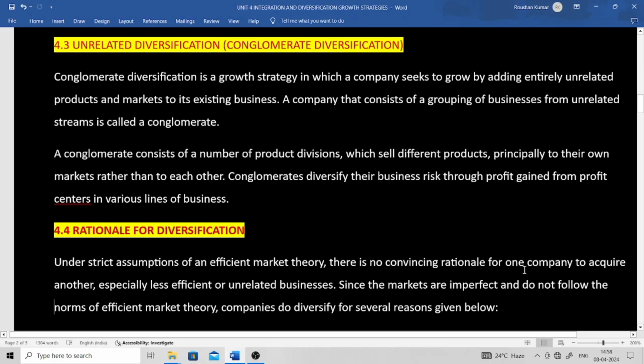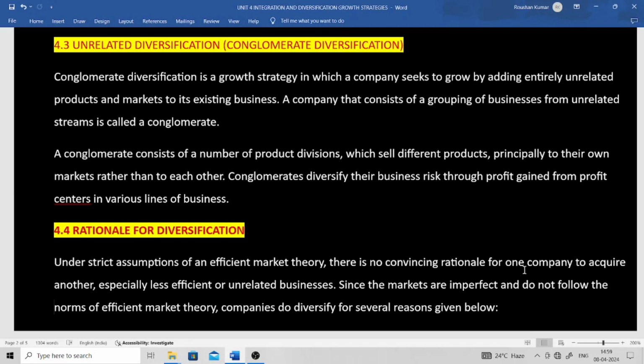Conglomerate diversification is a growth strategy in which a company seeks to grow by adding entirely unrelated products and markets to its existing business.